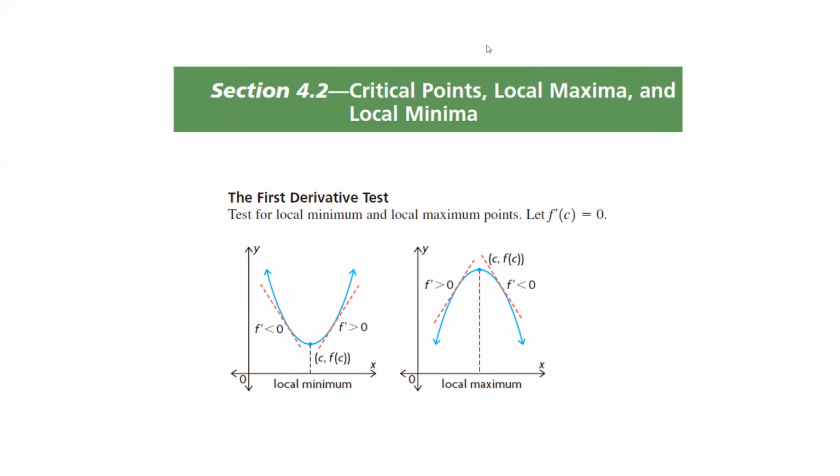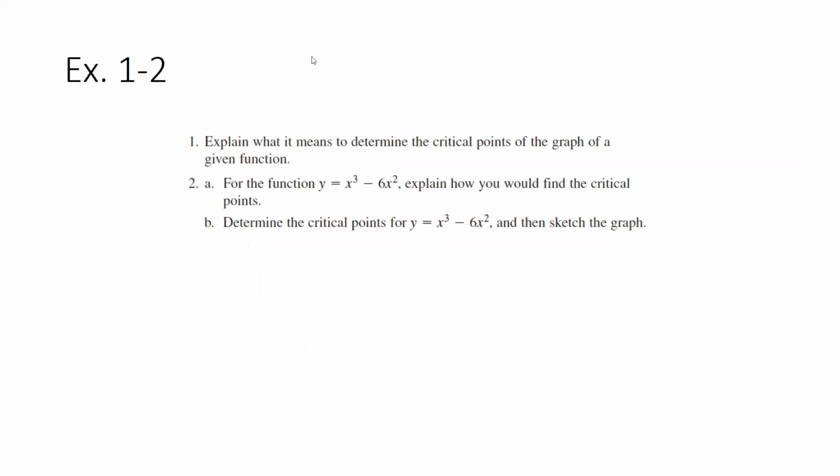In order to find the critical points of the function, we first have to take its derivative with respect to x, and then set the derivative equal to 0 or undefined. And this will give us the values of x where the slope of the tangent line to the graph is that how to find it? Yes, exactly.